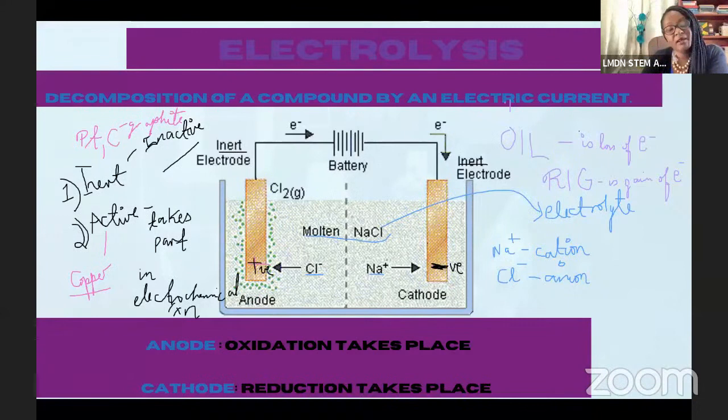All right. So our anion of interest here is chloride. Let me just say the chloride anion, right? So we have Cl minus, right? That's our anion. It is now at the anode. It is gonna lose its electron. So let's think about it for a minute.